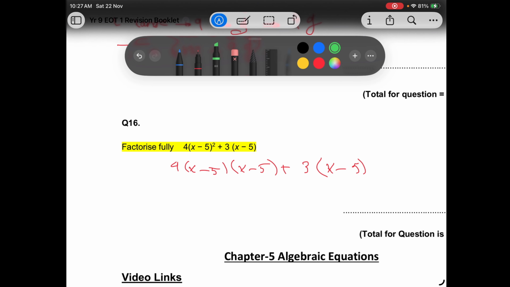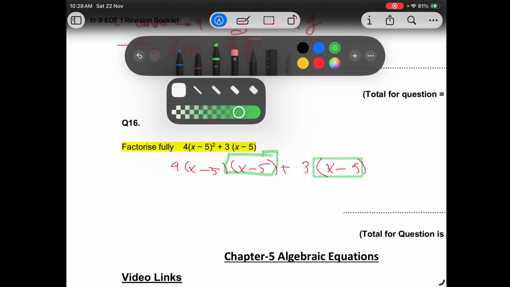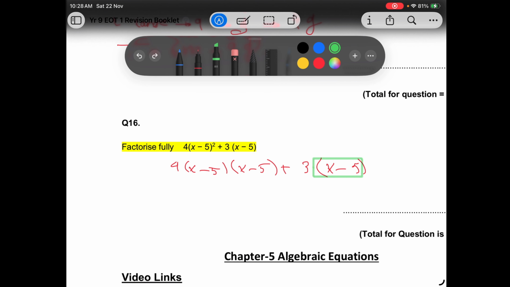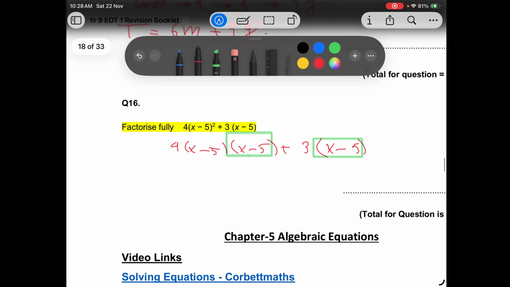Imagine that I remove this from the scene, this one as well, and write down the rest. So this is the essence of common factor. I can factor out x minus 5, this linear factor, and take it out.